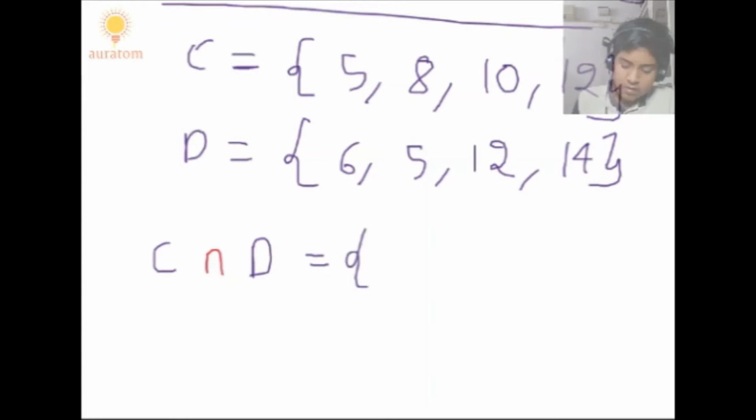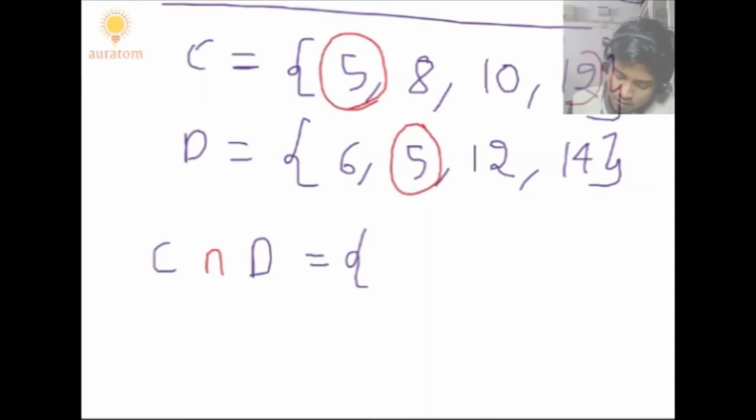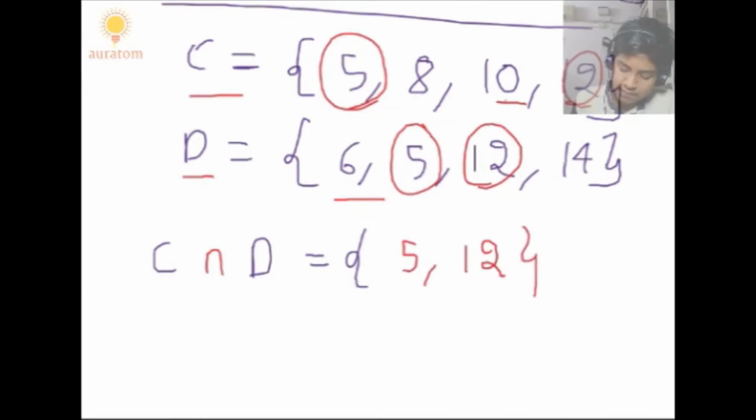This intersection operation creates a set which contains all the elements that are common to C and D, right? So what are the elements that are common to C and D? The elements that are common are 5 and 12, right? The rest of the elements, 8 is here but not in here, 10 is in C but not in D. So the only elements that are common are 5 and 12. So C intersection D contains the elements 5 and 12. That's it, right?